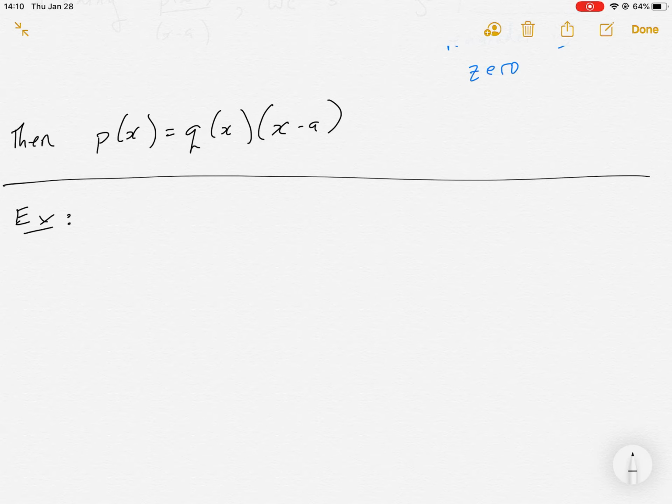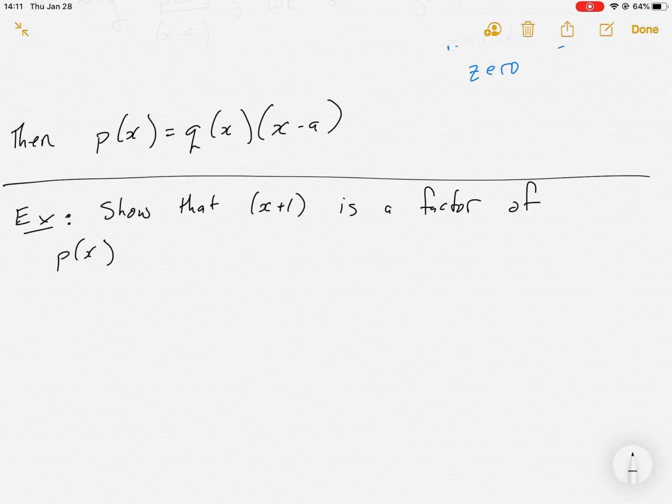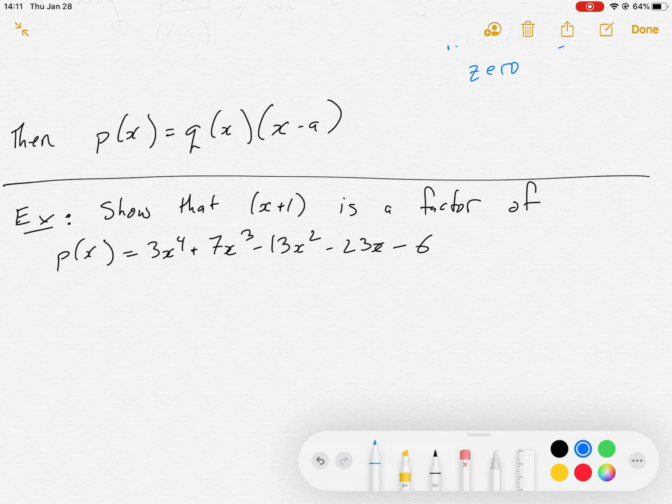The first example I want to do is, let's just go ahead and show that x plus 1 is a factor of the polynomial p of x equals 3x to the 4th plus 7x cubed minus 13x squared minus 23x and then minus 6.